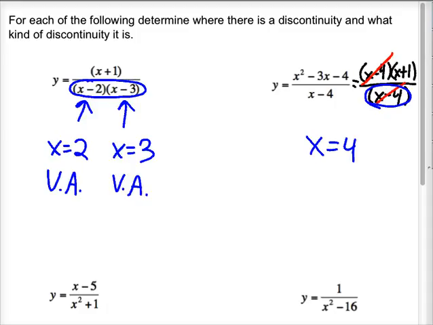So that's the first thing that I label. I label where my discontinuity is, and then I label the type. Well, this time it canceled out, so this time I'm getting a hole. Again, that's the main idea here: label where the discontinuity is and then what type it is.